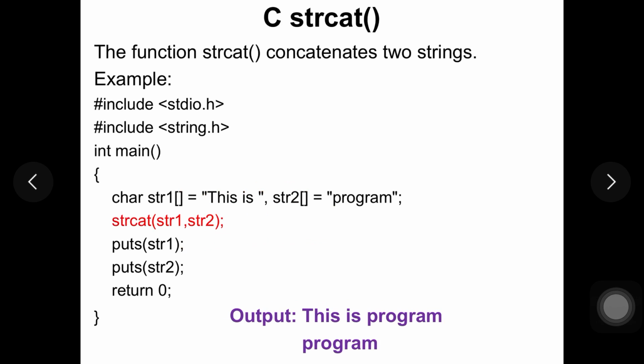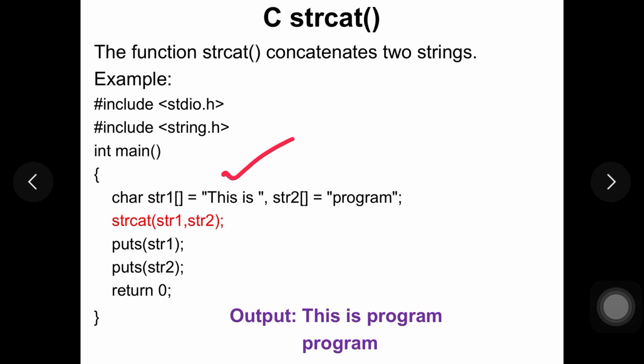And we have one more, the last one, that is strcat, also called string concatenation. The function strcat concatenates two strings. Concatenate in the sense of join, so you are joining two strings together here. For example, there are two strings defined in the program.